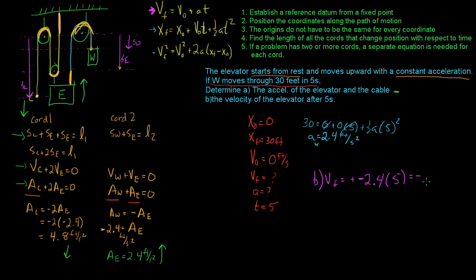And we get minus 12 feet per second. And what does that mean? Again, that means since it's opposing our positive direction, our velocity is going this way, our final velocity is 12 feet per second in the upward direction.